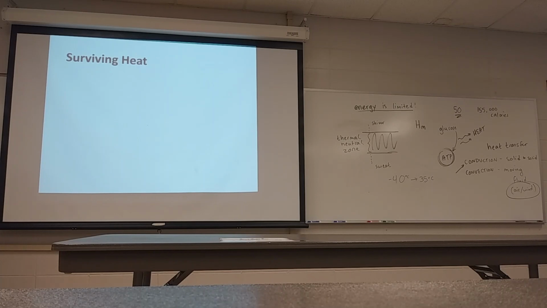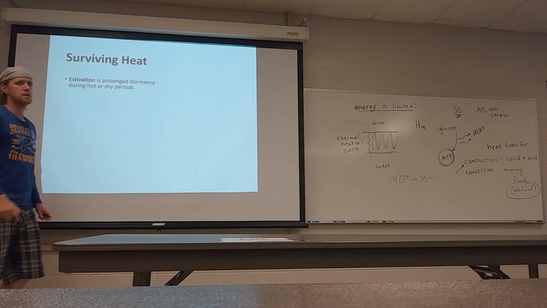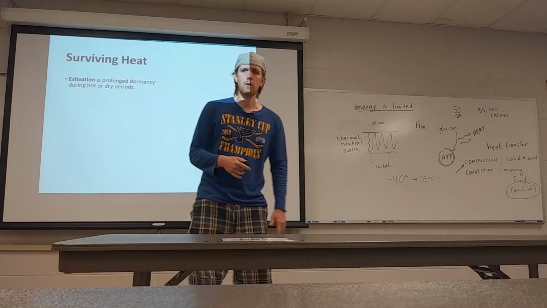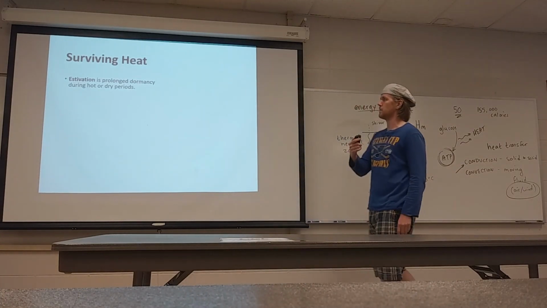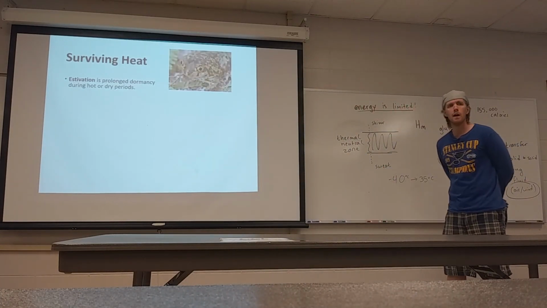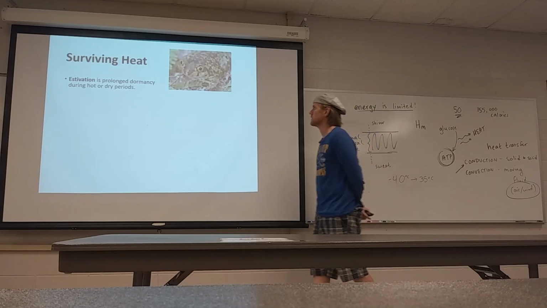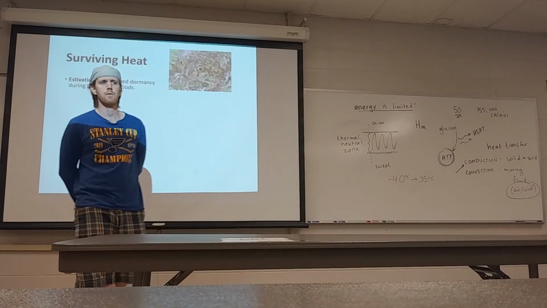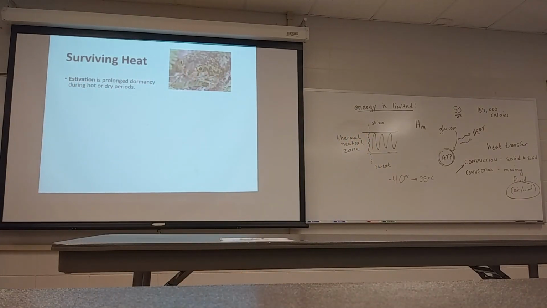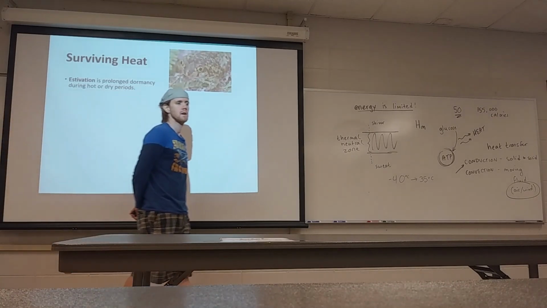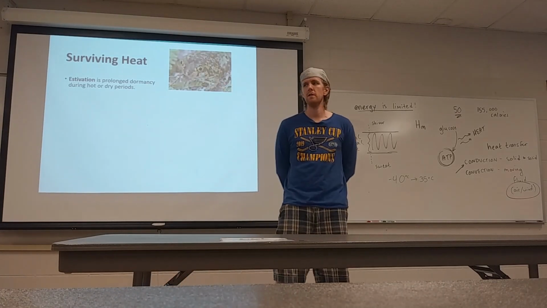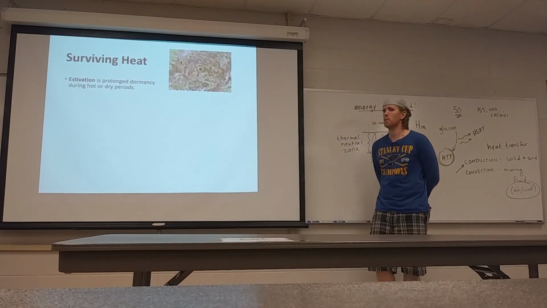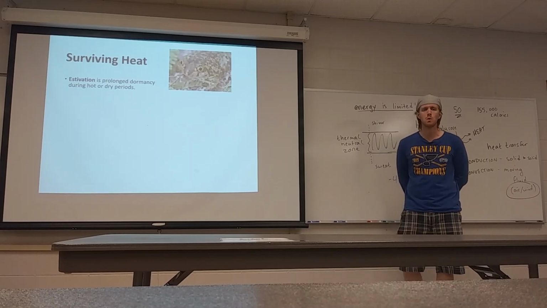Sometimes you want to lose heat because it's just too hot out. And so if you cannot tolerate dry, hot conditions for most of the time, you can do what's called estivating. Estivation is the summertime equivalent of hibernation. This is prolonged dormancy during hot and dry periods. This is a spadefoot toad. This thing lives in the desert, but it's only active whenever there's a rain or monsoon.